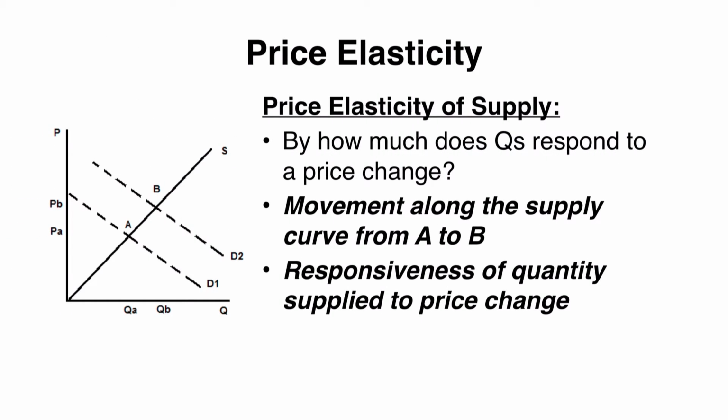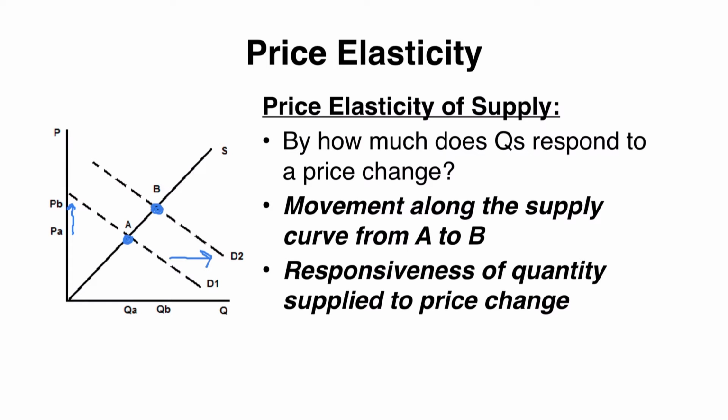On the other hand, when we think about the price elasticity of supply, here we observe that we have a shift in the demand curve, in this case an increase in demand. We move from equilibrium A to equilibrium B. As we transition from equilibrium A to equilibrium B, we observe that there's upward pressure on the price.